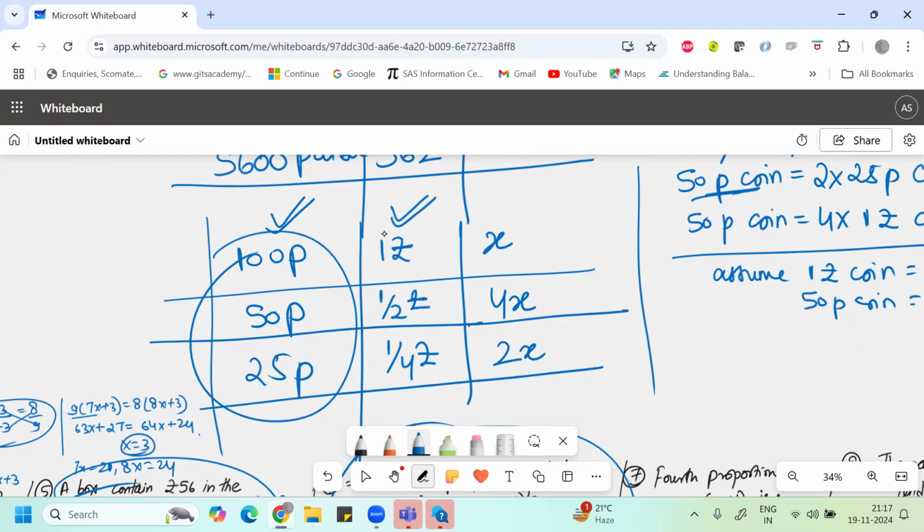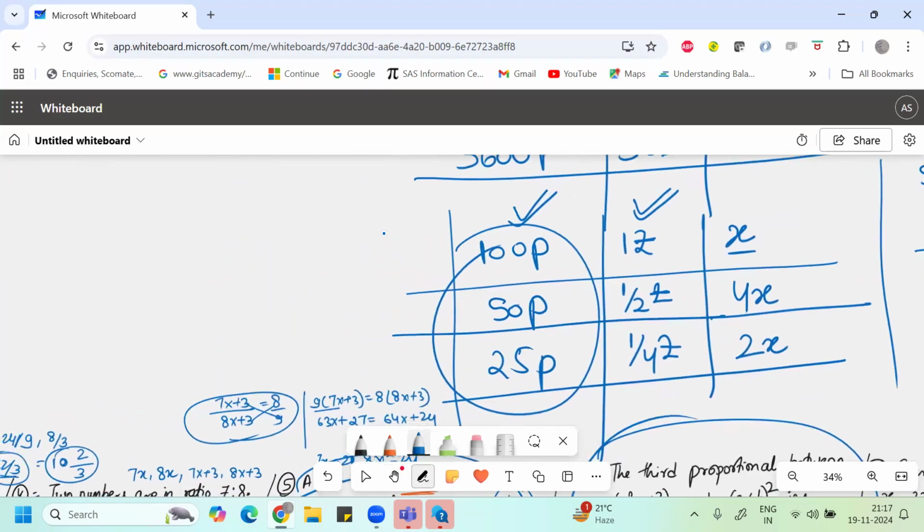Clear? So then what you do? Now see, tell me one thing. If I have x coins of 1 rupee, what is the worth of those x coins? These are numbers, no? So if I have x coins of 1 rupee, the worth would be 1x.